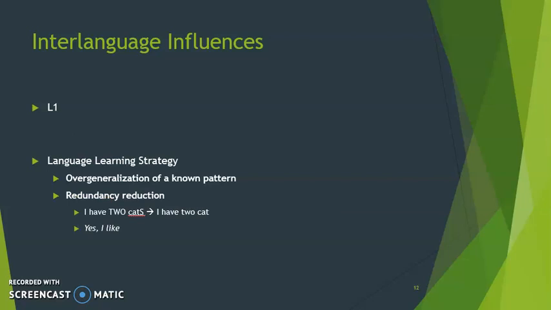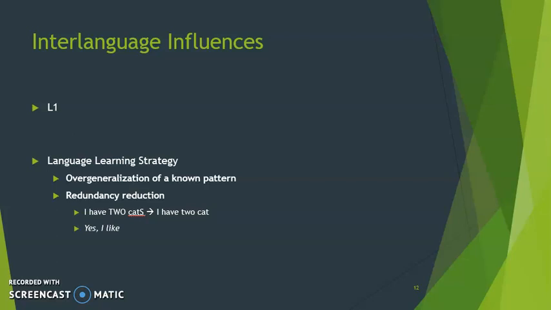Another pattern might be redundancy reduction. So in a sentence like, I have 2 cats, the word 2 already conveys the information of plural, so maybe that redundancy is not necessary, so the learner simply says, I have 2 cat.